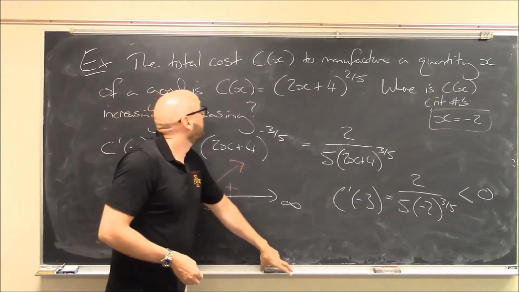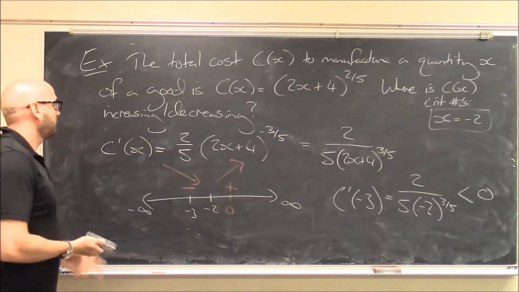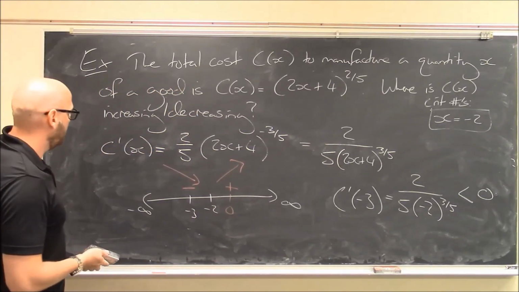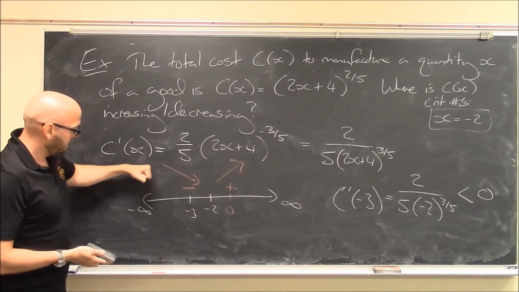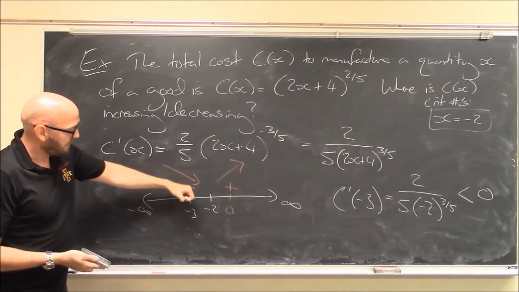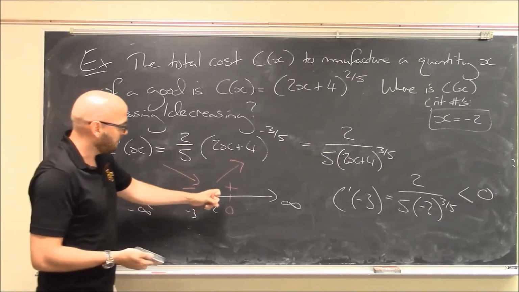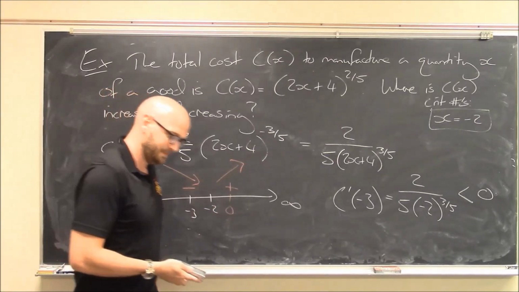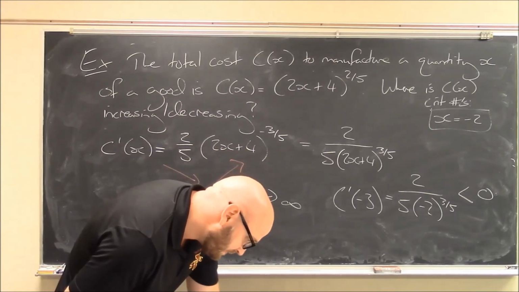So our final answer, where is the cost decreasing? Well, it's decreasing from minus infinity to minus 2, and then increasing from minus 2 to infinity.